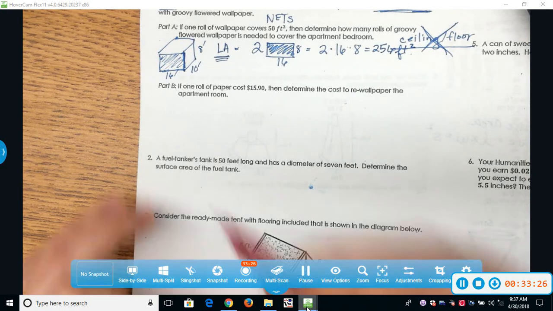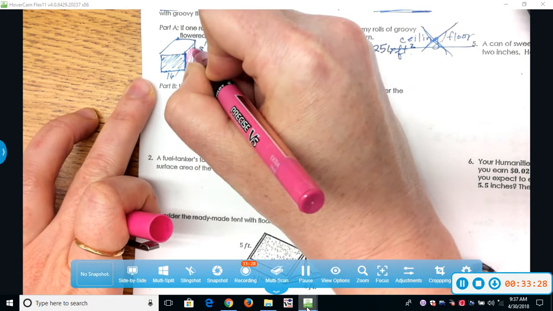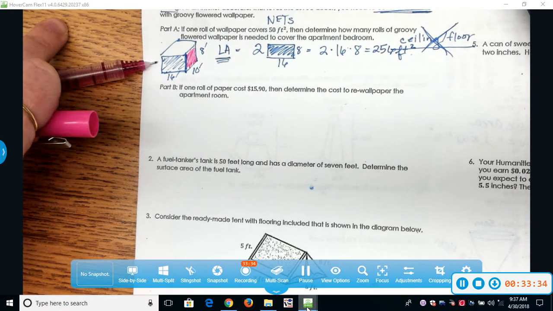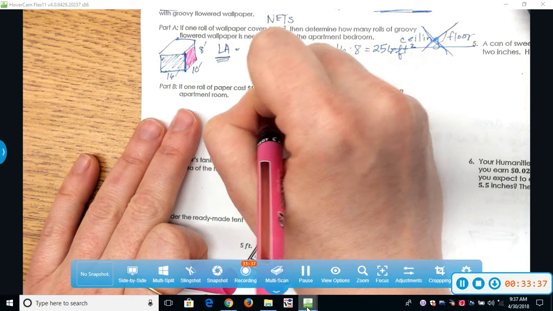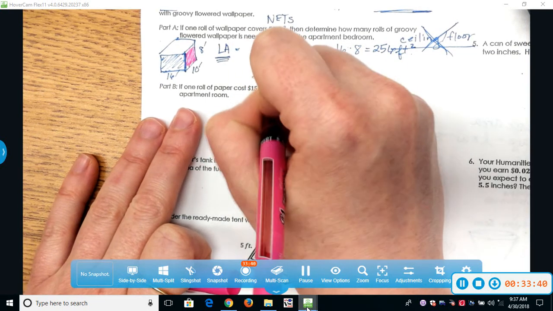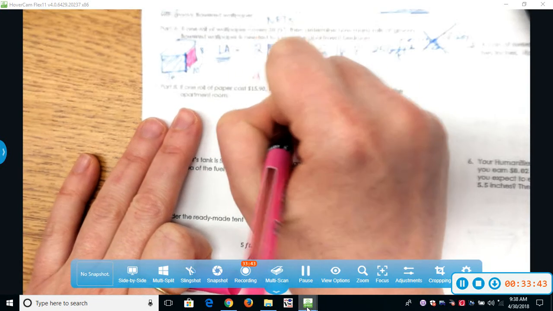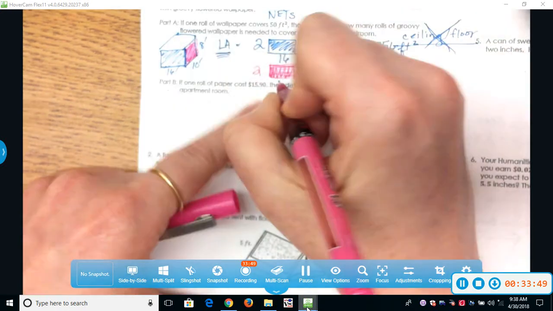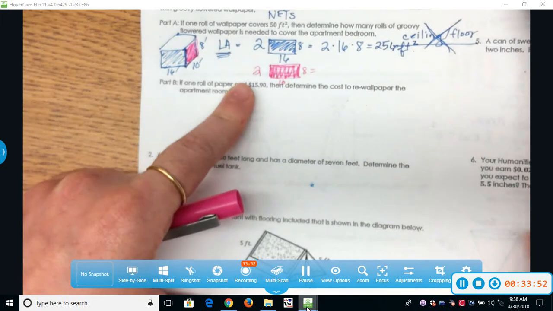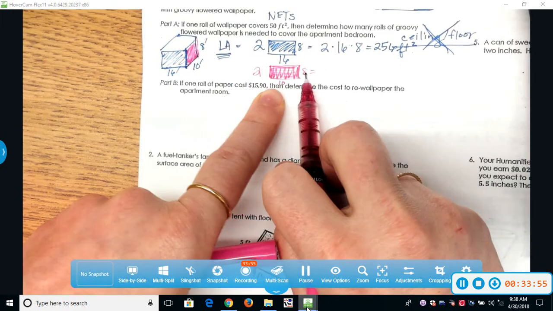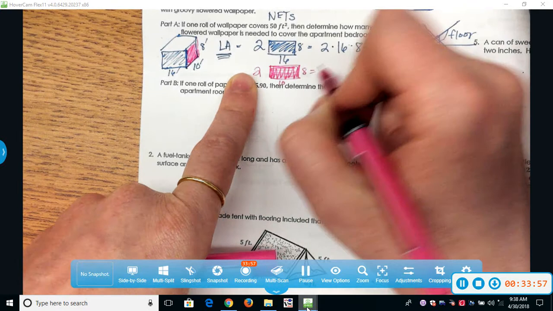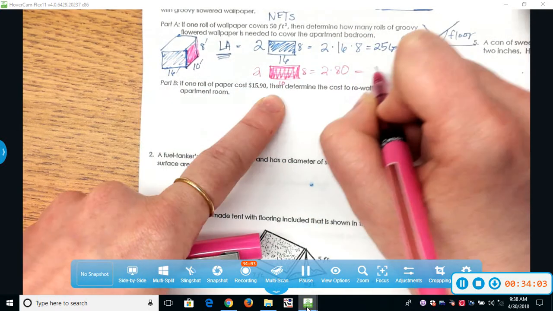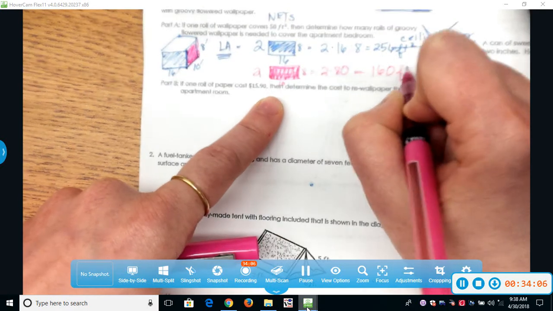All right, switching colors, my other wall is this side and this side, which you cannot see. They're absolutely congruent. So, like I did with the last one, I'm thinking about my net. The dimensions are a little different. It's 10 by 8. So, 8 times 10 is 80. So the area of those 2 sides is 160 square feet.